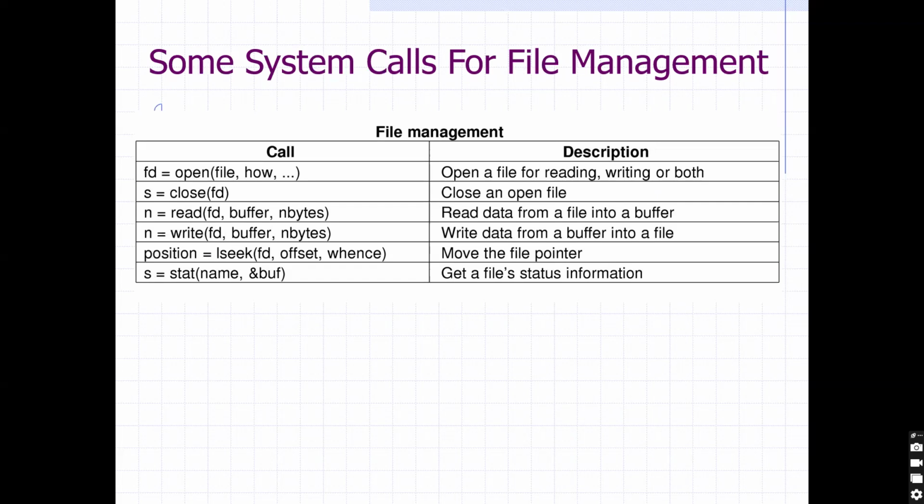Read is used to read the data from the file. Write is used to write the data into the file. If you want to move to a certain position, the lseek system call is used. Then the stat system call is used to get the file status and permission. So there are various system calls for file management.